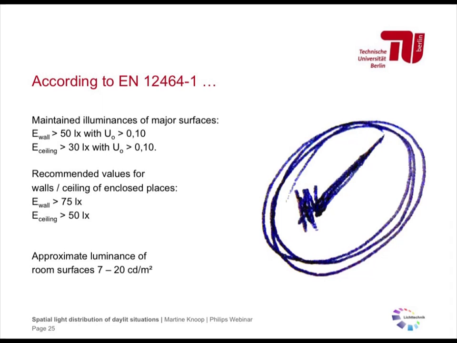The 2011 version includes minimum wall illuminances and minimum uniformities, as can be found in a similar way in the US Lighting Handbook as well. Looking at the required and recommended values, the standard requires minimum luminances of the wall and the ceiling of approximately 7 to 20 candelas per square meter.